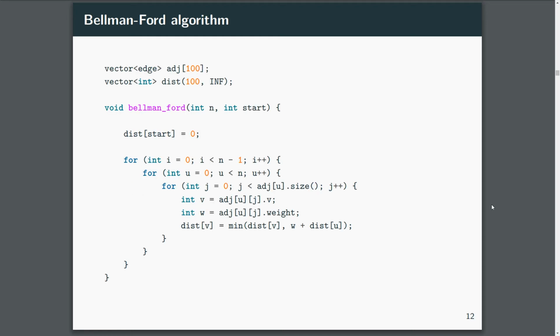Because if you do another iteration here and something changes in value, something gets lower, then that means that there's a negative edge weight cycle.